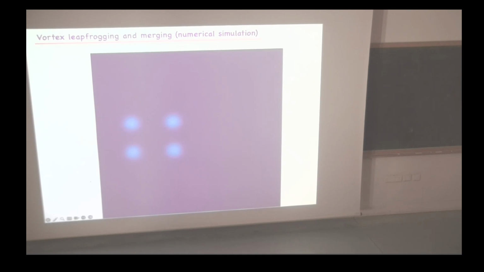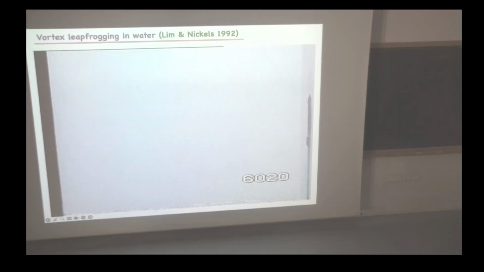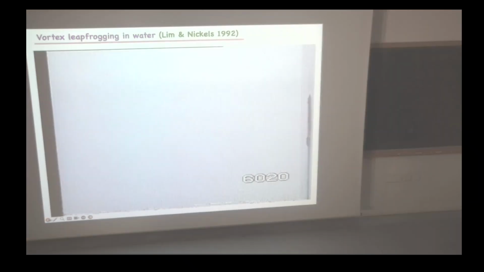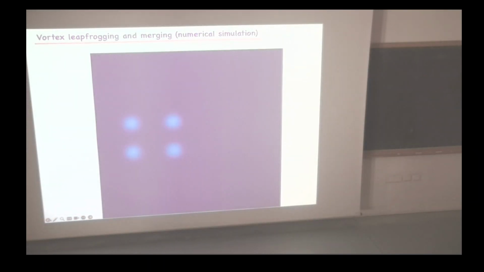It's a very short movie, and so I just like to show you, let me see how to go back. Maybe like this. And you see here the merging. And the merging, remember, is because the vortex cores are of the same vorticity.